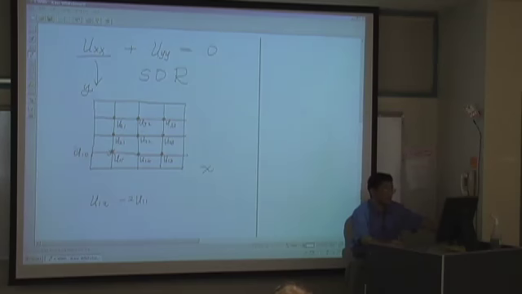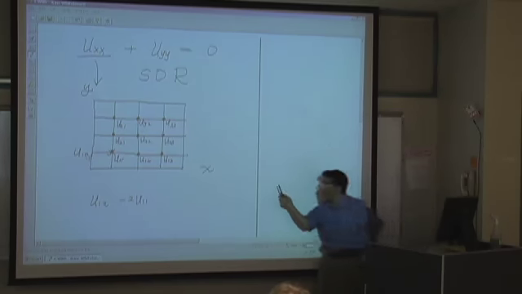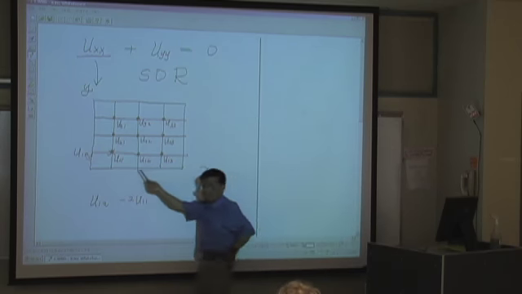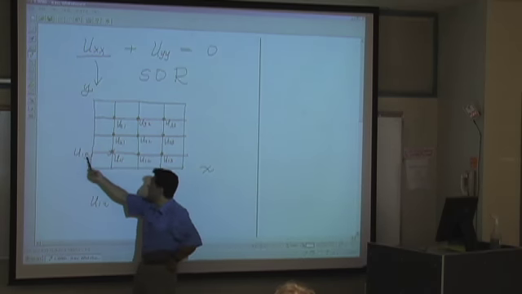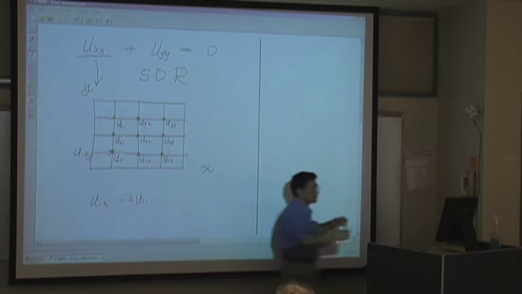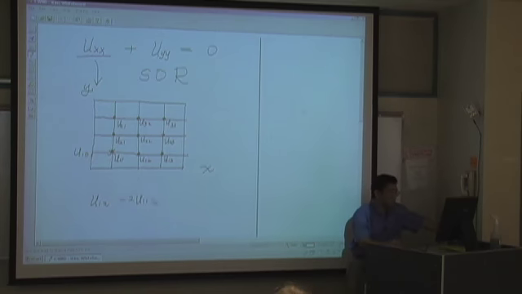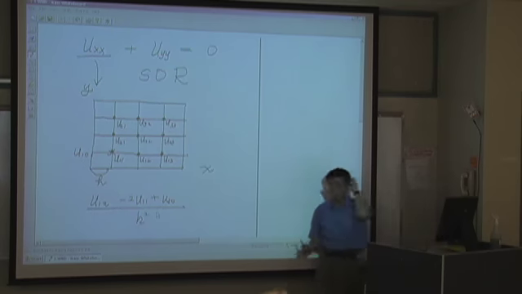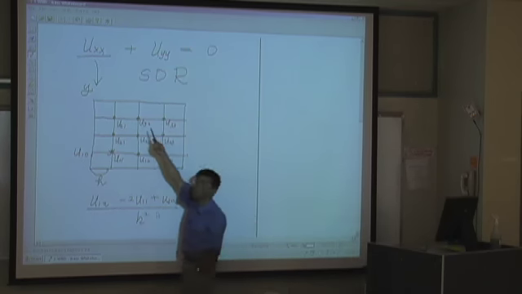This is not unknown, this is known, but we name it anyway for convenience. So it's called u1,0. Then plus u1,0 over this distance h squared. So this is the way to represent the derivative.